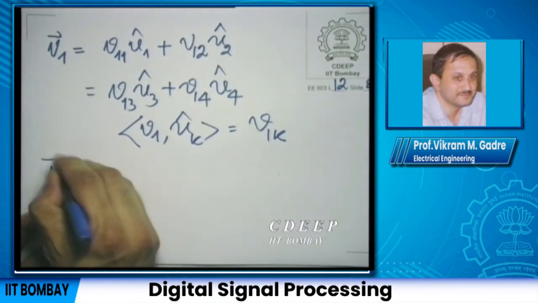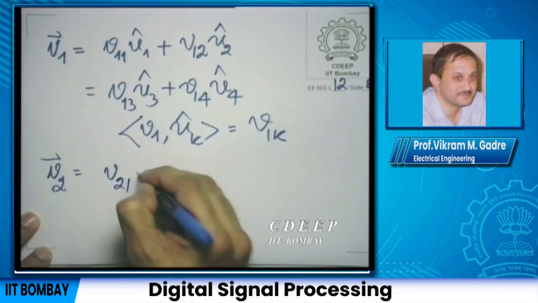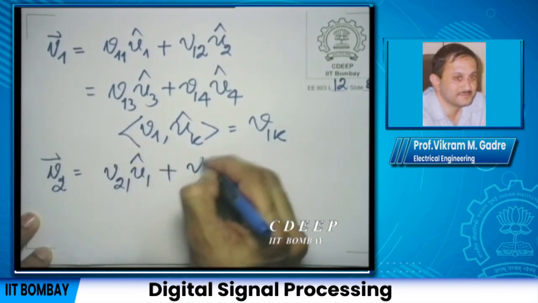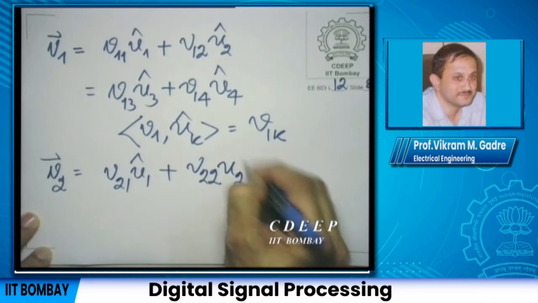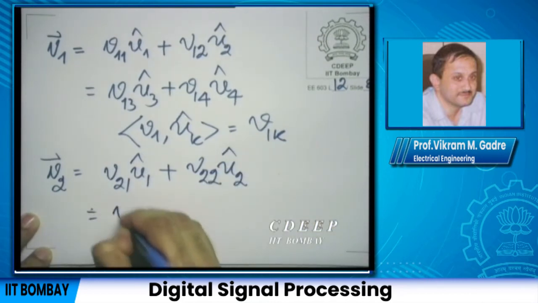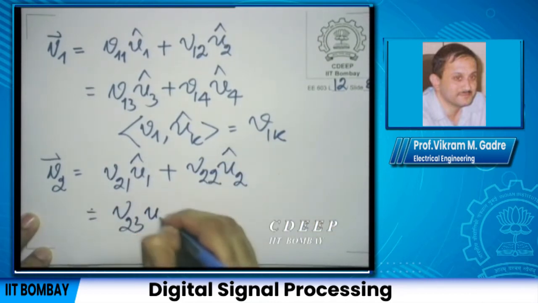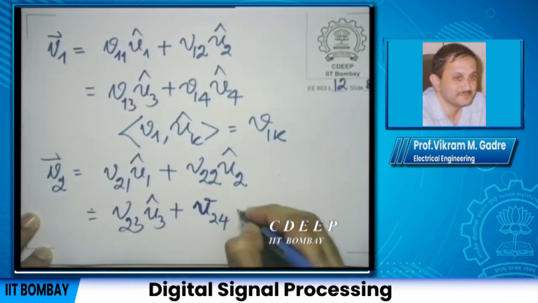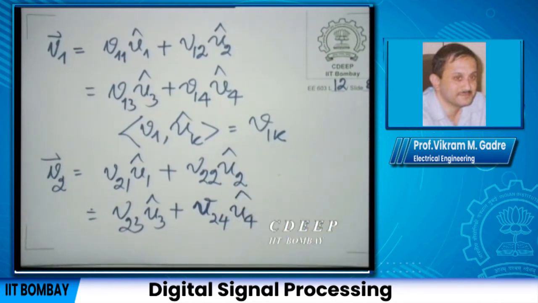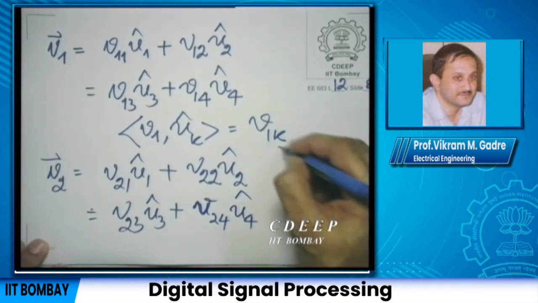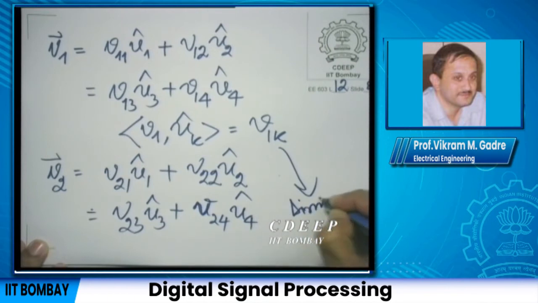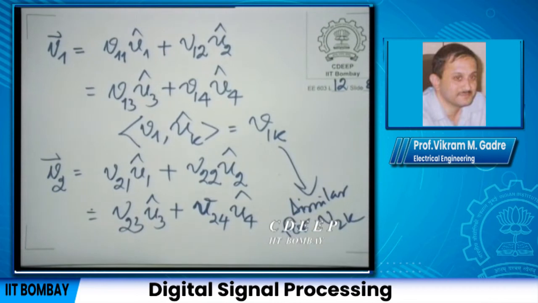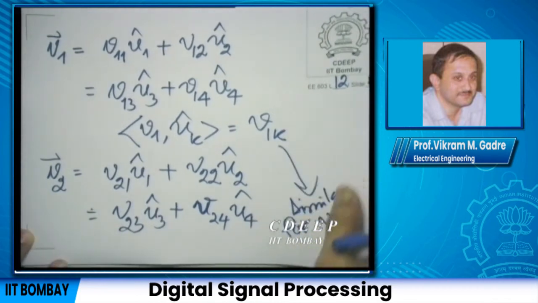So, V2 is V21 U1 cap plus V22 U2 cap, which is also V23 U3 cap plus V24 U4 cap. Similarly for V2K. Now, the dot product is very easy to calculate because this is a perpendicular basis.